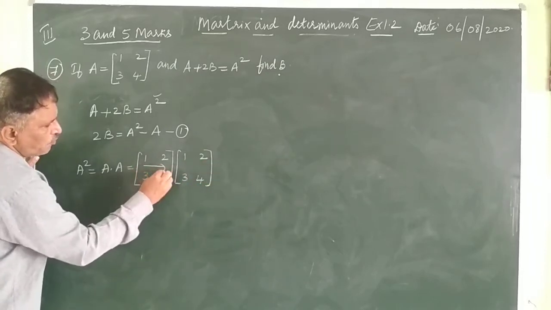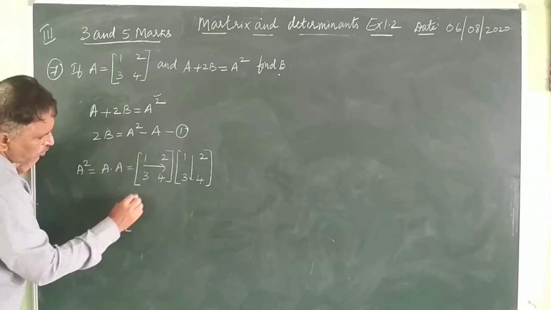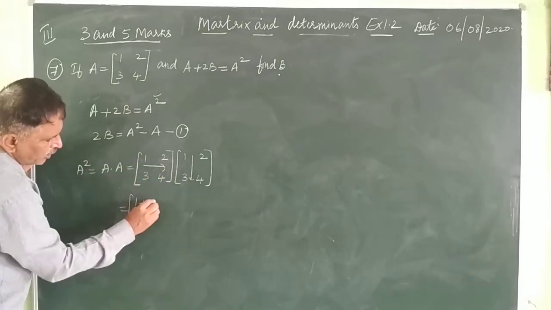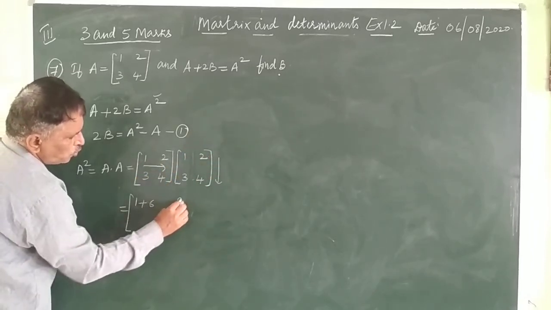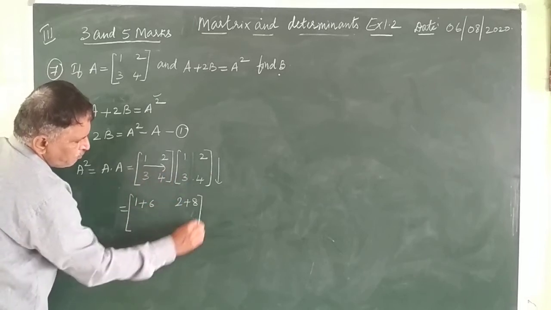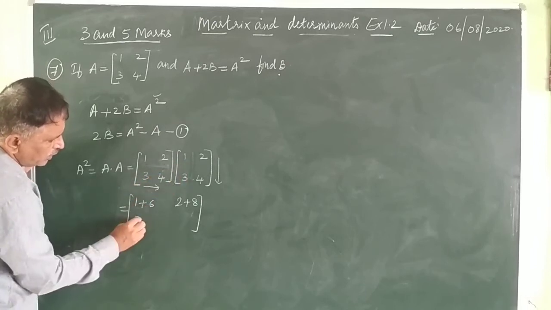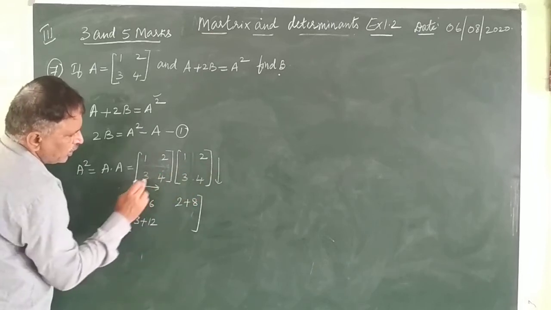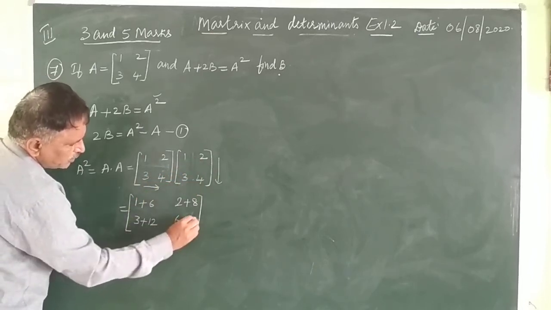As you know, first row, first column: 1 into 1, 1, plus 2 into 3, 2 3s are 6. First row, second column: 1 into 2, 2, plus 2 4s are 8. Next, 3 into 1, 3, plus 4 times 3, 12. Next, 3 2s are 6 plus 4 4s are 16.